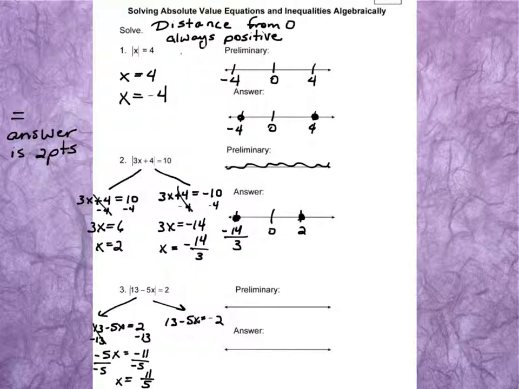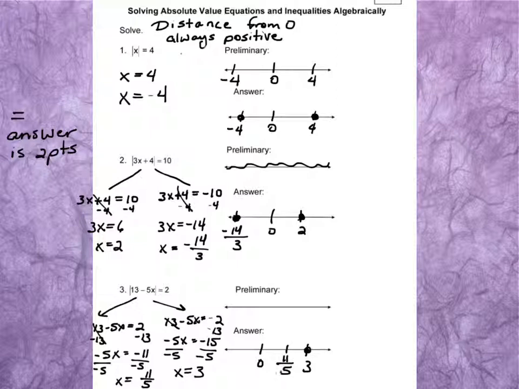And on this one, you subtract 13. You have -5x is equal to -15, dividing by -5 then, x equals 3. So your 2 points are 3 and 11/5. So at 3, we put a point, and at 11/5, you put another point.